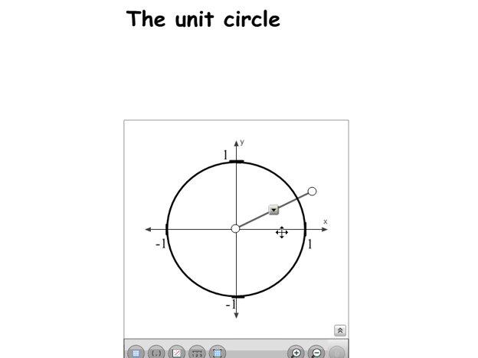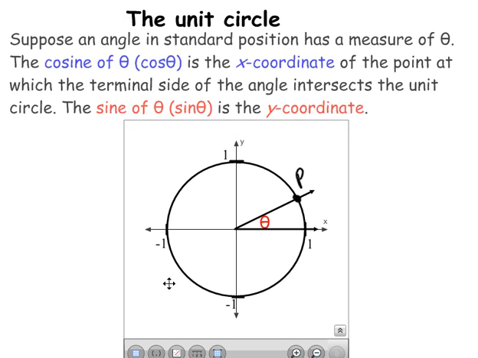So let me go ahead and draw an arbitrary theta, or an arbitrary angle, and let me explain what this point over here that I'm going to call P represents for theta. So suppose an angle in standard position has a measure of theta. The cosine of theta is the x-coordinate of the point at which the terminal side of the angle intersects the unit circle.